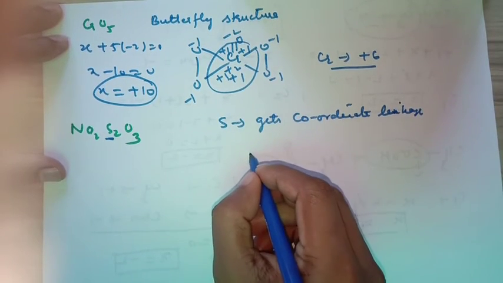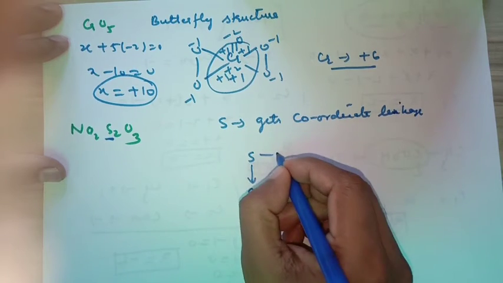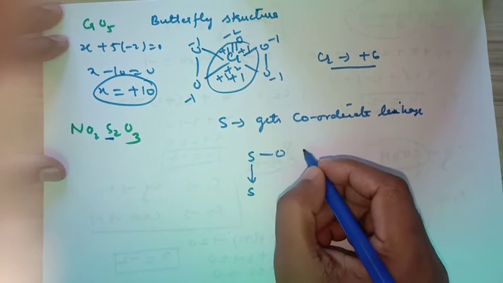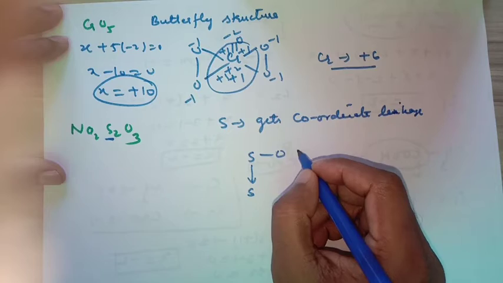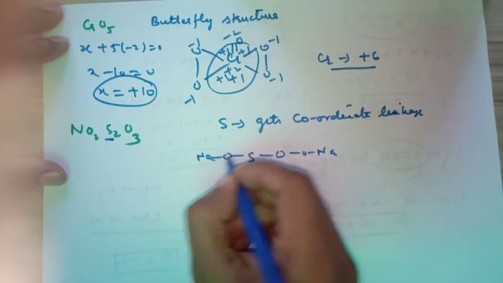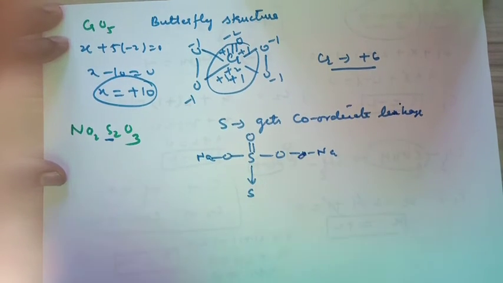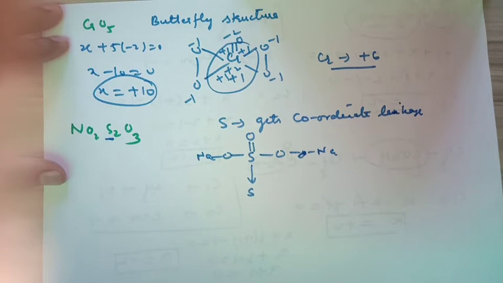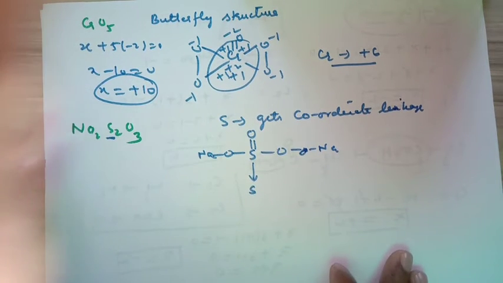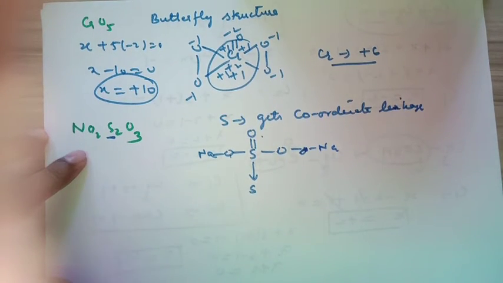So it will be S, coordinate linkage S, this will be O and O Na, and this will give us O Na, here double bond O. So we got 4 oxygens, so this will be like this only. There is 3 oxygen, so 1 2 3 oxygen over here.